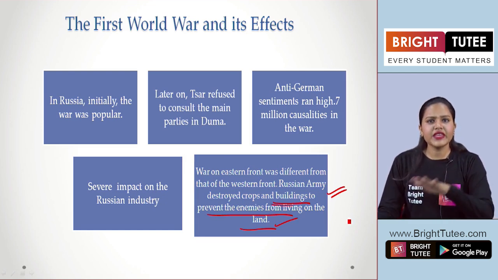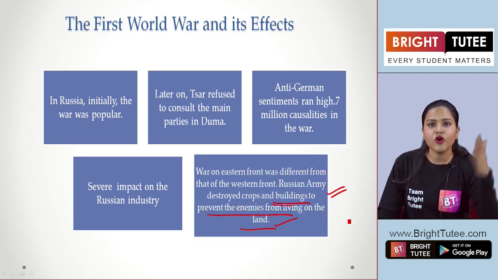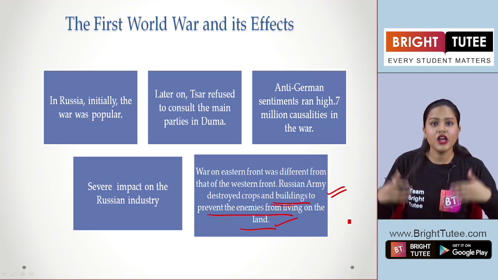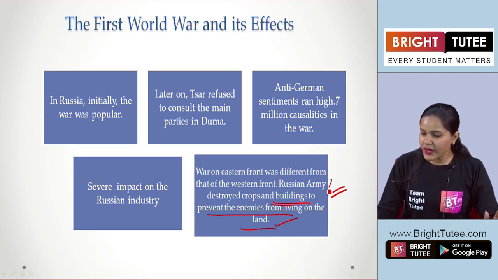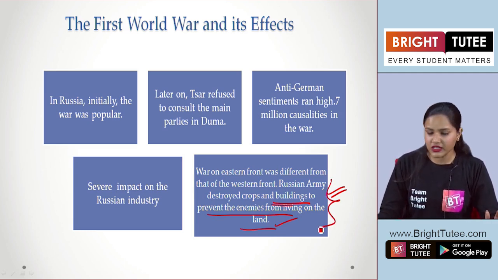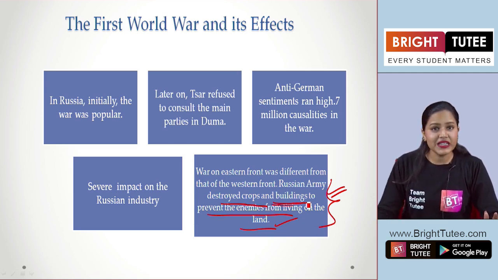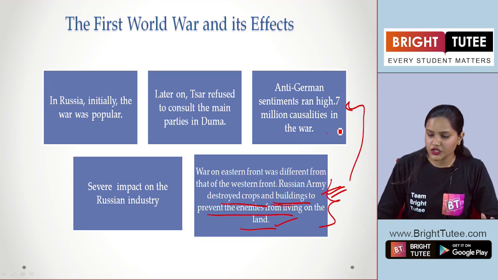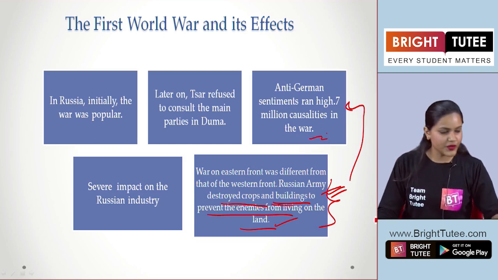So that the enemies could not live on these lands for a longer period of time. To make their situation much more difficult, all these crops, buildings, everything that was of necessity, was being destroyed by the Russian army. However, we see that there were 7 million casualties in the war here, okay?